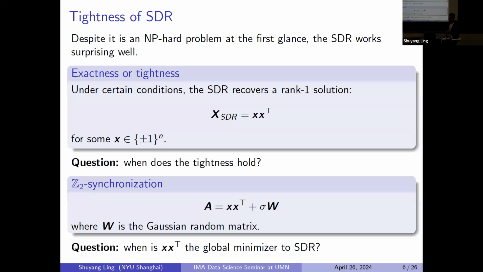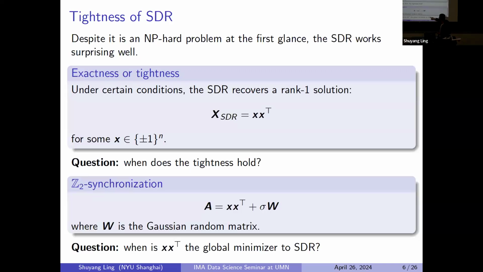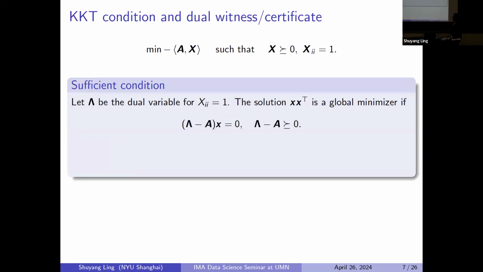This is actually quite a standard problem in optimization, it can be just an exercise. The trick is to find the dual program, write down the KKT conditions, and then show when the ground truth matrix is the global minimizer. This is not difficult.